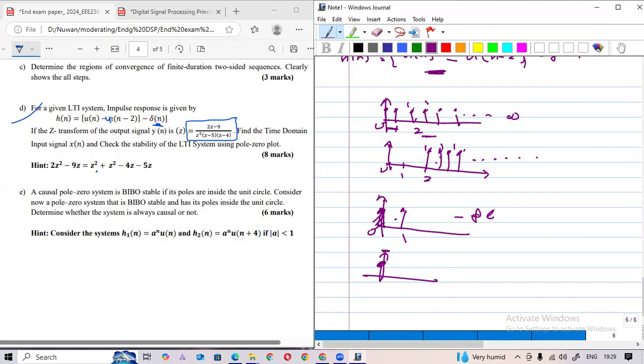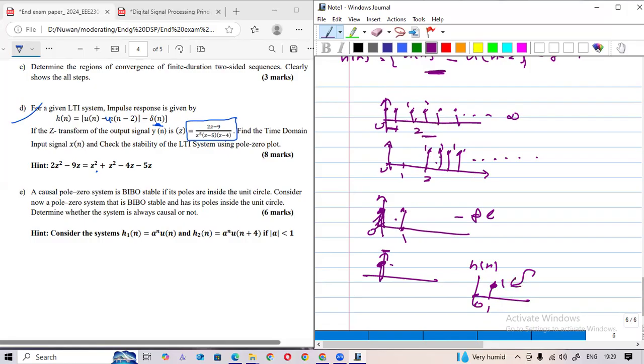If you subtract this one from the sequence, you will have only this sample. So your h[n] will be 0 for the first sample and 1 for the next, 0 and 1. This will be your h[n].